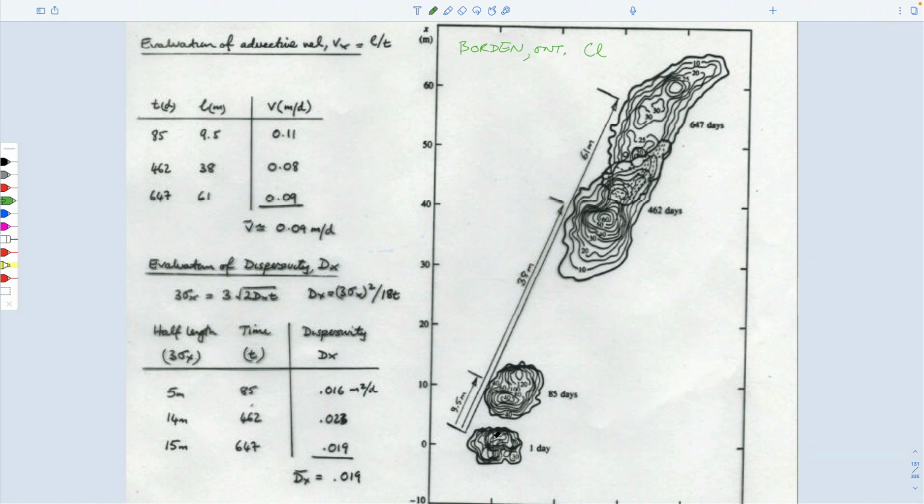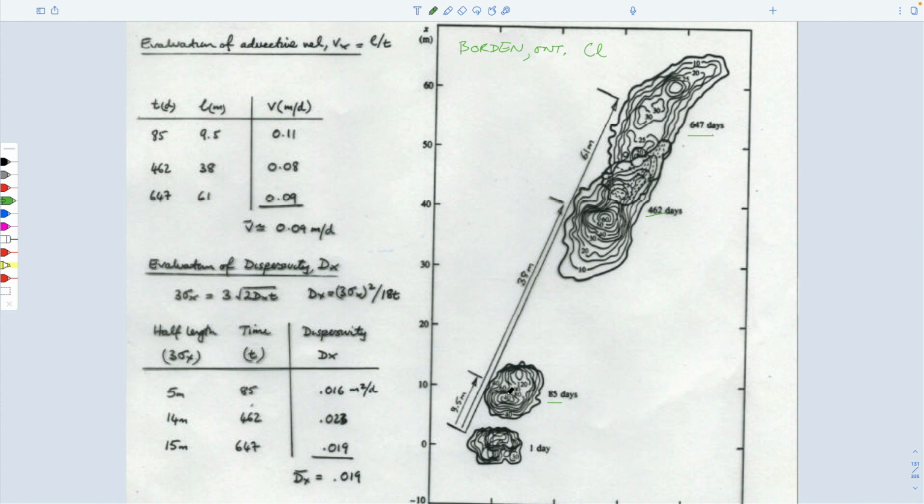And this stuff that's been introduced has merely been followed over 2 years to see exactly what the form of the downstream cloud looks like as it evolves downstream. So after 3 months, after a bit over a year, and after almost 2 years, it's looked like this.